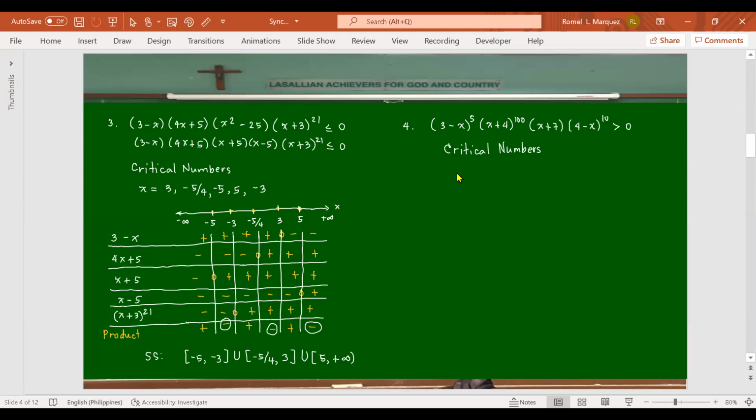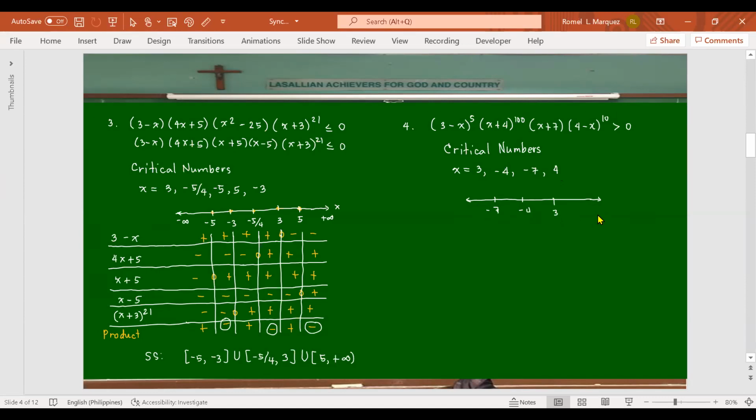Critical numbers. What are the critical numbers? Anyone? 3, negative 4, negative 7, 4. How many intervals do we have? Negative 7, negative 4, 3, 4.